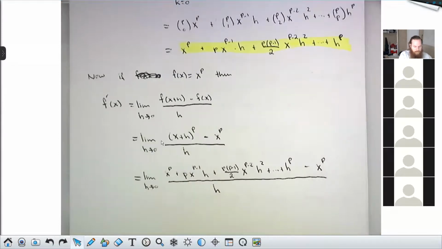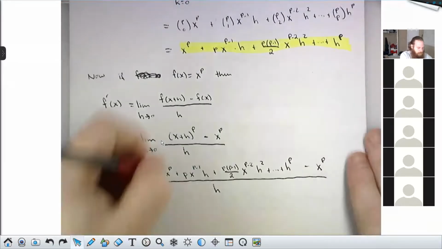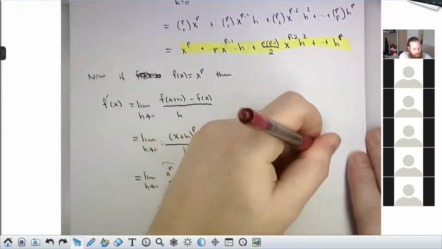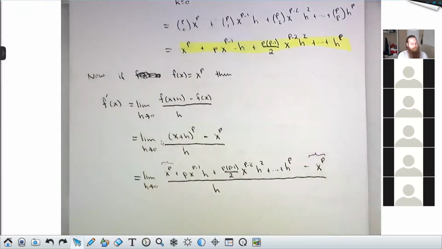The x to the p's eat each other up, just like they always do, right? In every single one of these calculations that you've done, the lead terms eat each other up.